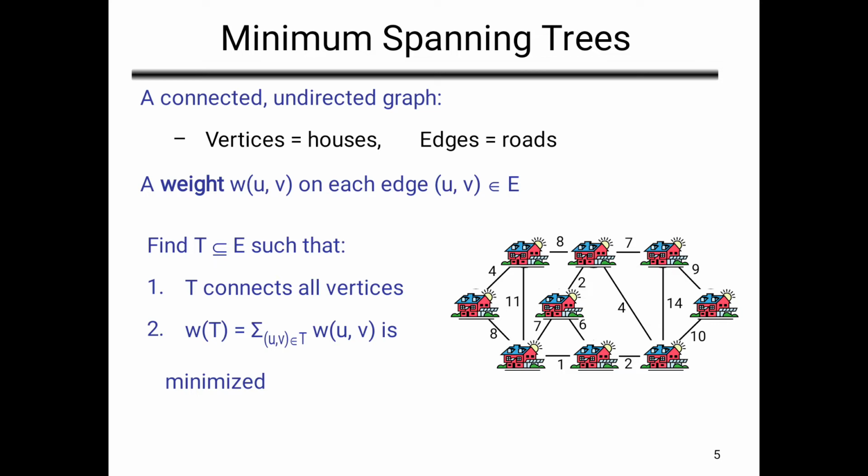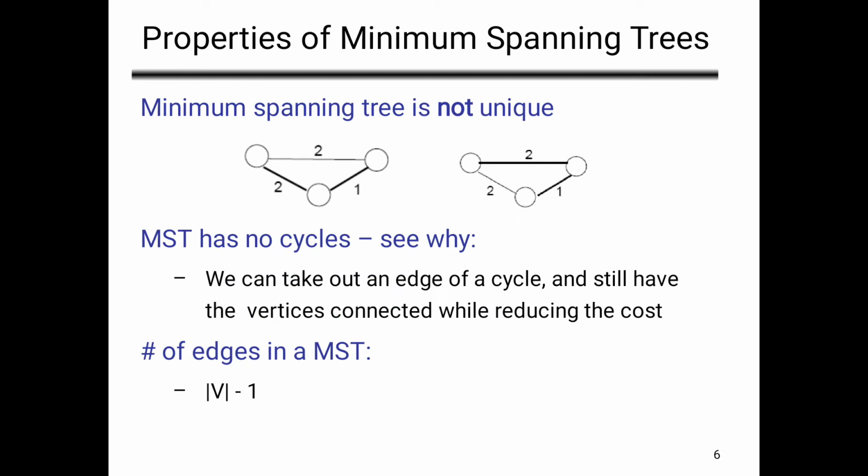We have a connected undirected graph, where vertices are equal to houses and edges are equal to roads. A weight W of U comma V on each edge U comma V belongs to capital E. Find T, a subset of E, such that T connects all vertices, and W of T is equal to the summation of W of U comma V, where U comma V belongs to T. And the minimum cost spanning tree is not unique.